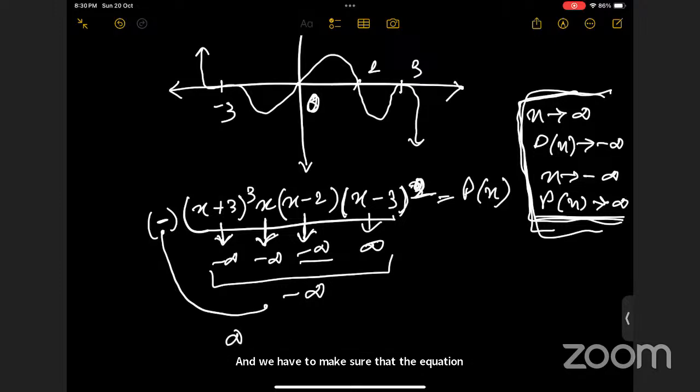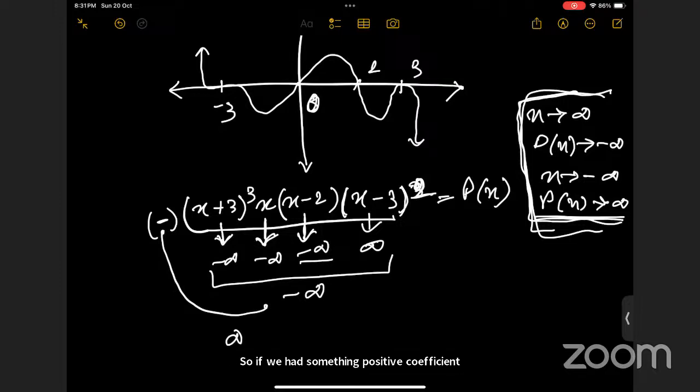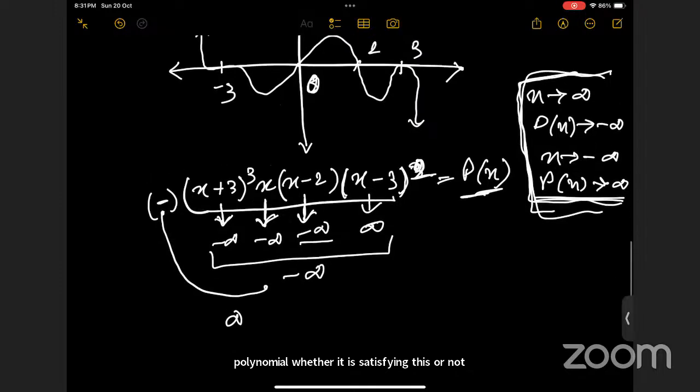If we had a positive coefficient here, then the behavior would be negative, opposite to the graph. So you have to check the end behavior from the polynomial, whether it is satisfying this or not. Okay, based on the power, you assume which sign it will come, right? Yeah.